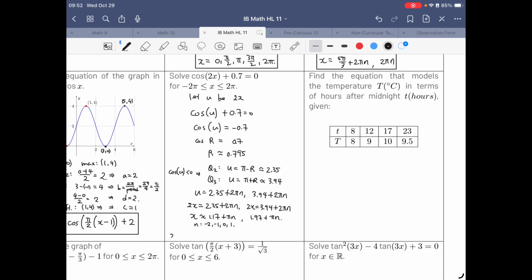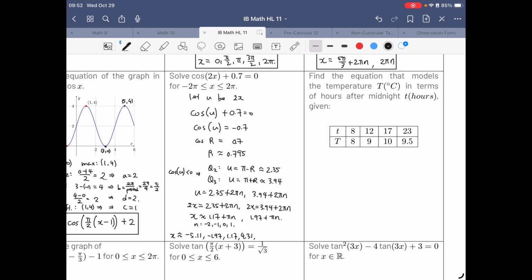So x will be approximately negative 5.11. Alpha a minus pi is going to be negative 1.97 and 1.17, and then alpha a plus pi, alpha a plus 2 pi, 4.31 as well.